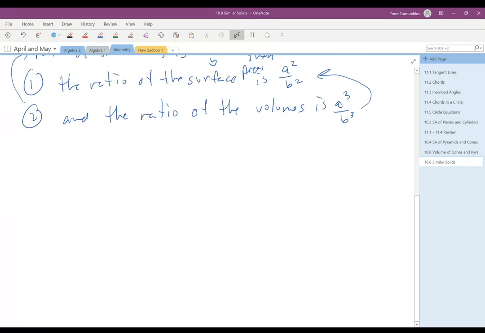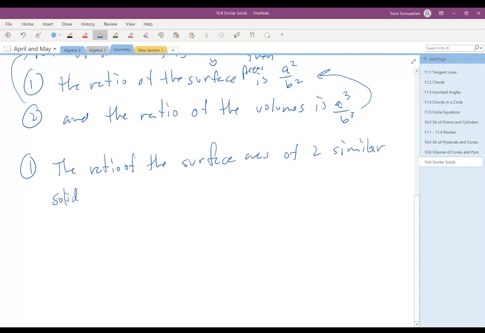So, for example, say the ratio of the surface areas of two similar solids is 9 to 16.